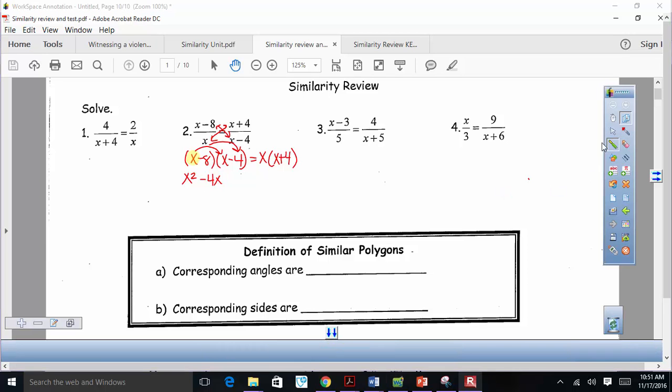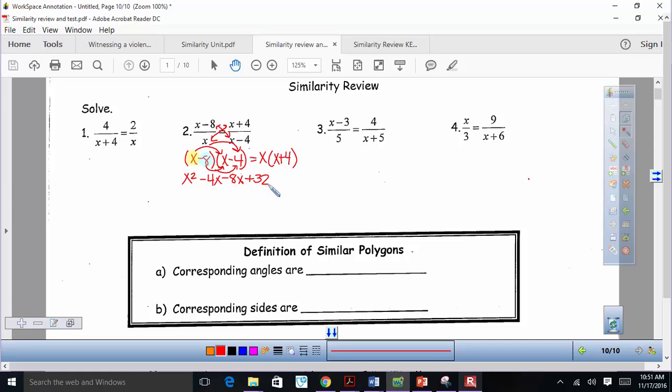Then I take negative 8, since I already distributed x to both, and distribute that to both. So negative 8 times x is negative 8x. Negative 8 times negative 4 is a positive 32. Then we distribute this x, so that gives us x squared, and then x times 4 is 4x.